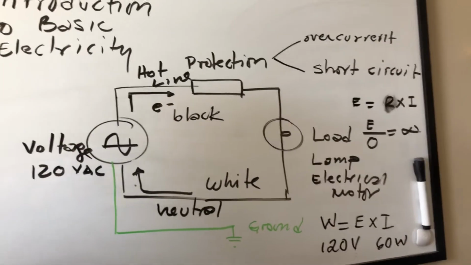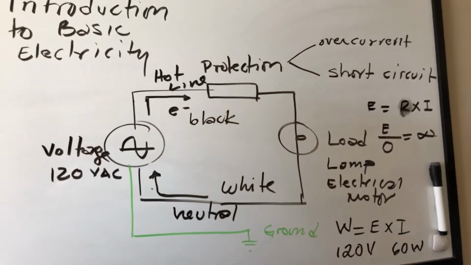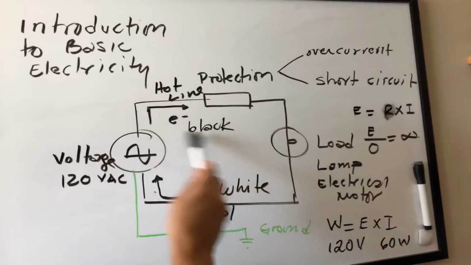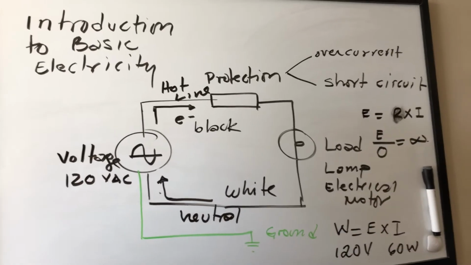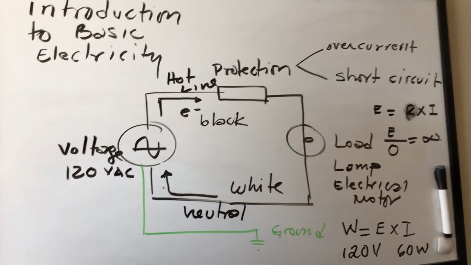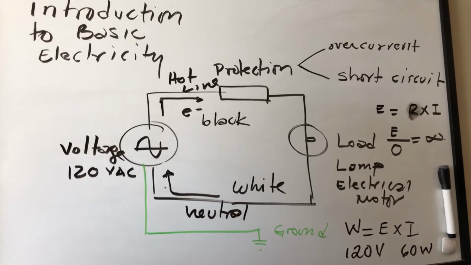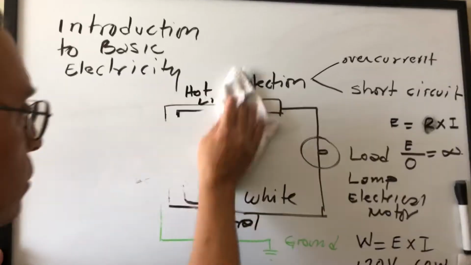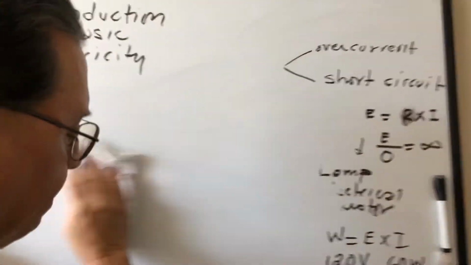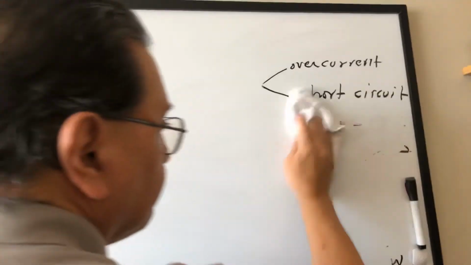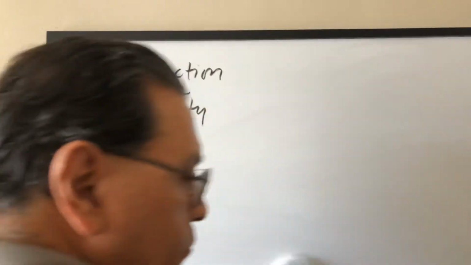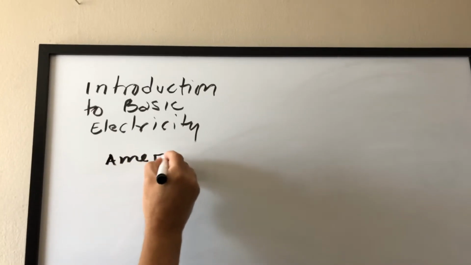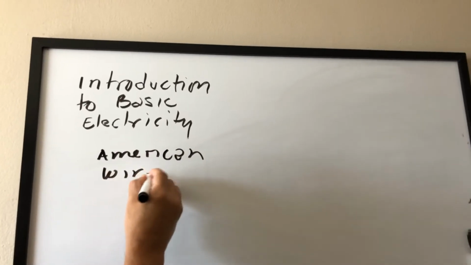Okay, also right here, we need to take into consideration the size, the diameter, of the hot line and the wire, the neutral. So the diameter will depend on the amount of electrical current. This is what is known as American wire gauge.